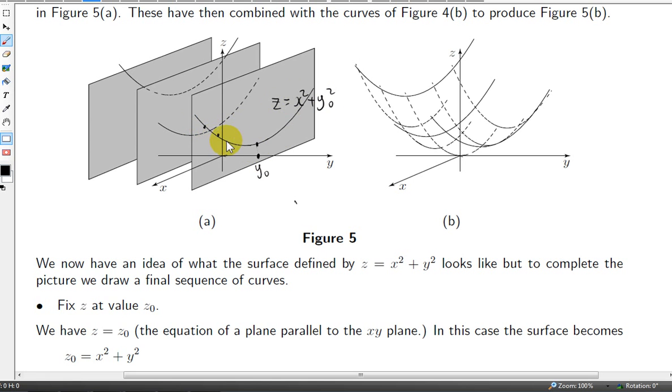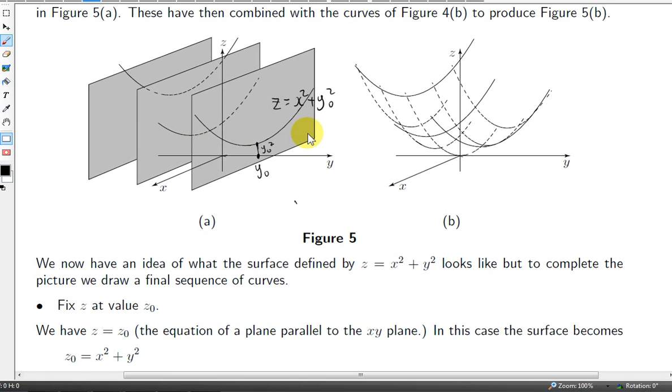The y value of the points on the cross section is the same. When x is 0, the lowest point on the curve is given by z equals y0 squared. So this distance here is y0 squared. So if y0 is equal to 0, for example, we will have a parabola that's going through the origin, 0, 0, 0.